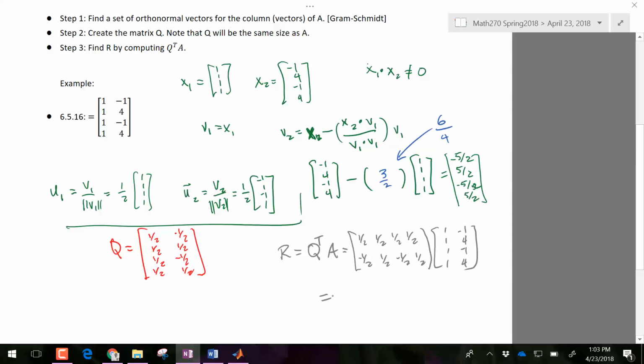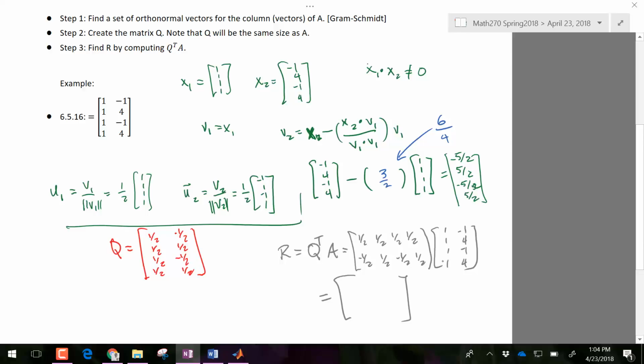We should get an upper triangular matrix with positive entries on the diagonal. And this is a 2 by 4 multiplied by a 4 by 2, so it should be a 2 by 2 matrix, right?